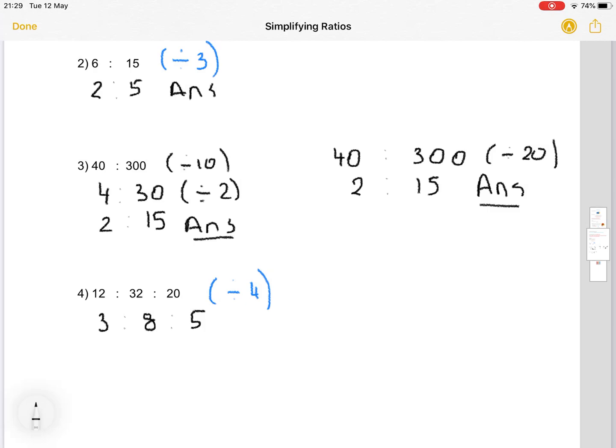Now, my answer is 3 is to 8 is to 5. Can I find another number which goes into all of them? No, there is no number which goes into 3 and 8 and 5. So that is the final answer.